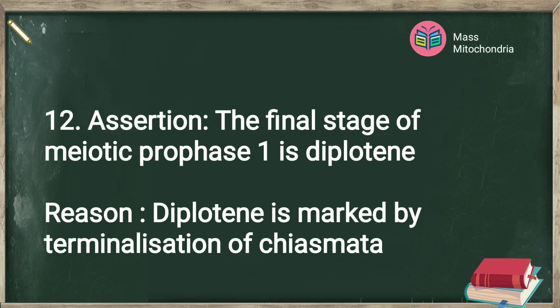During this phase, chromosomes are fully condensed and meiotic spindle fibers are assembled to prepare homologous chromosomes for separation. Diakinesis represents the end of prophase 1 and transition to metaphase. So the right answer is option D. Both assertion as well as reason are wrong.